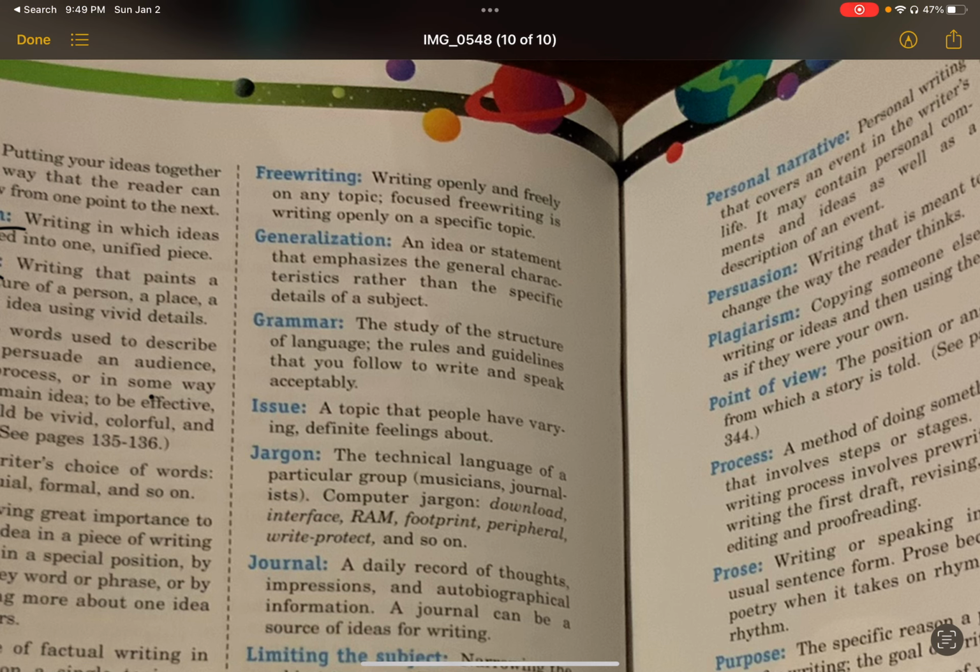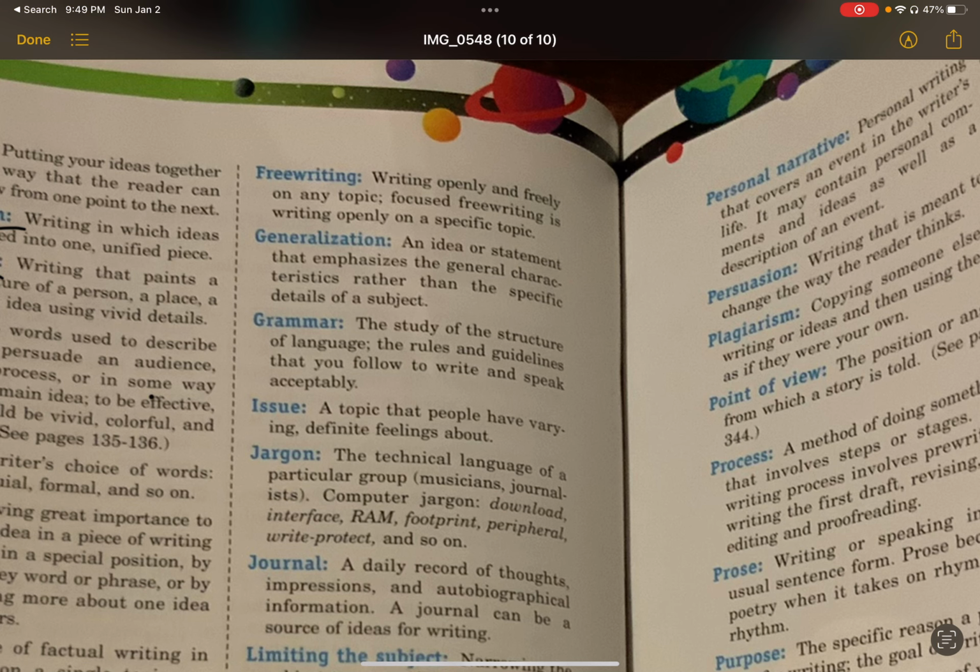Generalization, that's an idea or statement that emphasizes the general characteristics rather than specific details. So we make generalized statements sometimes, broad statements that aren't so detailed. Grammar, that's the study of the structure of language.